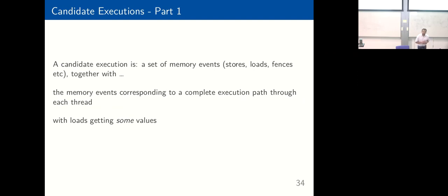What I do is I take the program and try to execute it. I'll show you an example very shortly, where we take all the events that come about in a complete execution path through that program. And the loads at this stage anyway, just get some values. That's a candidate execution.